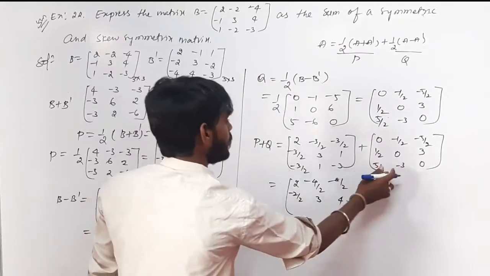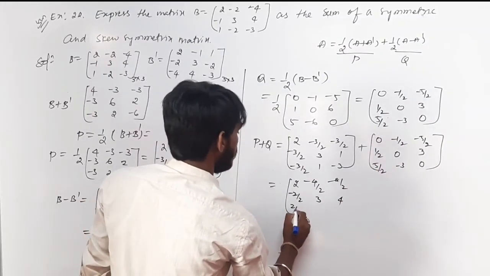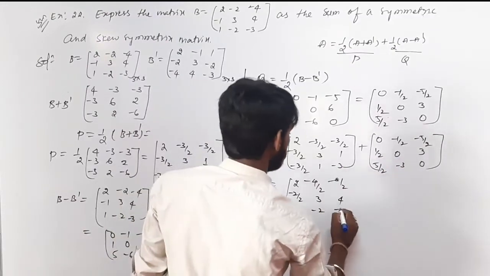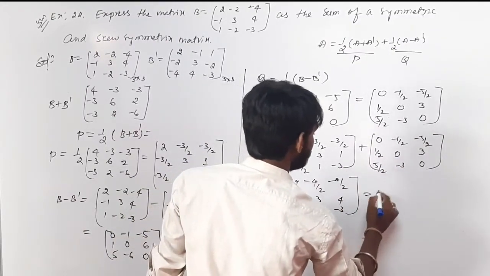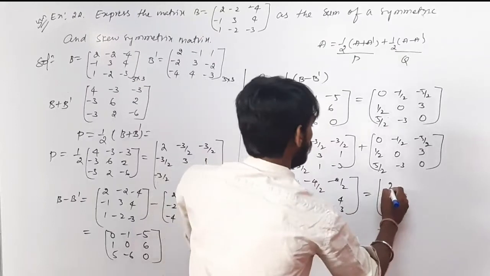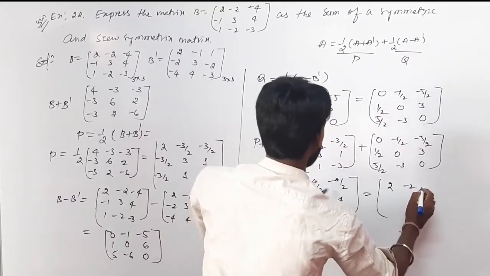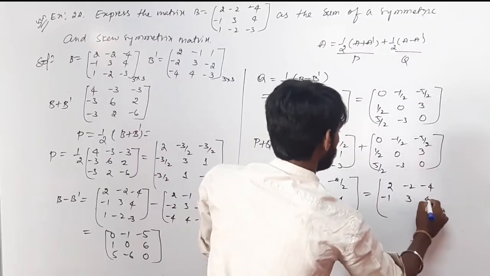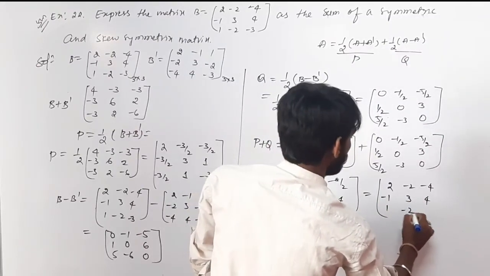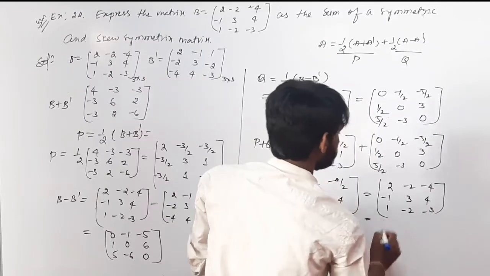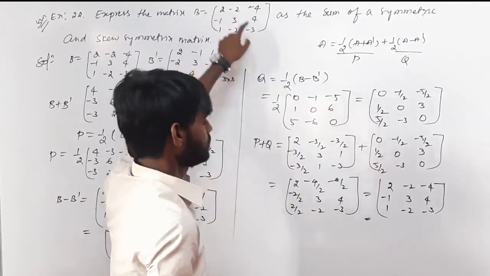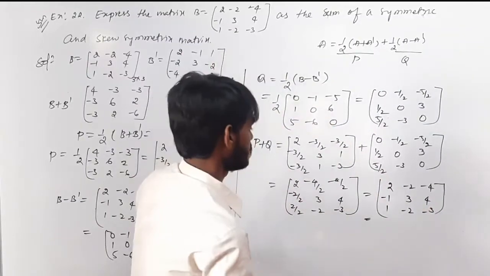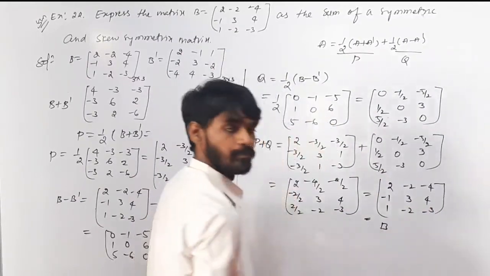Next, minus 3 by 2 plus 5 by 2 is 2 by 2. 1 minus 3 is minus 2, minus 3. So this is equal to 2, minus 4 by 2 is minus 2, minus 4, minus 1, 3, 4, 1, minus 2, minus 3. So you can check it against the B matrix: 2, minus 2, minus 4, minus 1, 3, 4, 1, minus 2, minus 3. So this is equal to B.